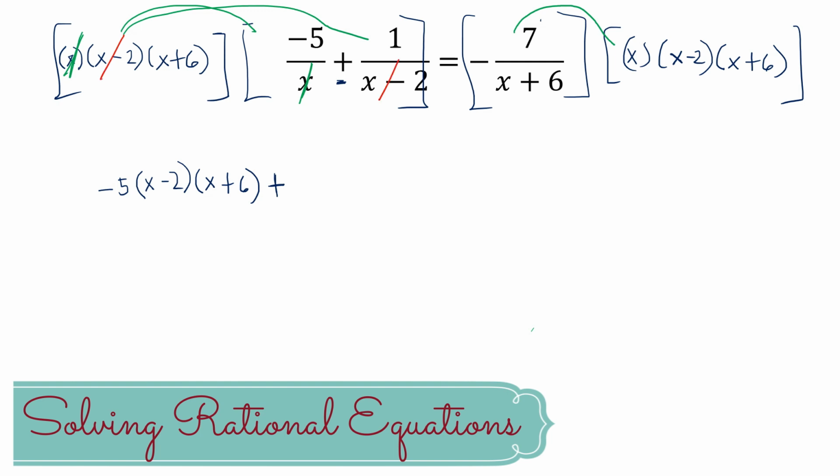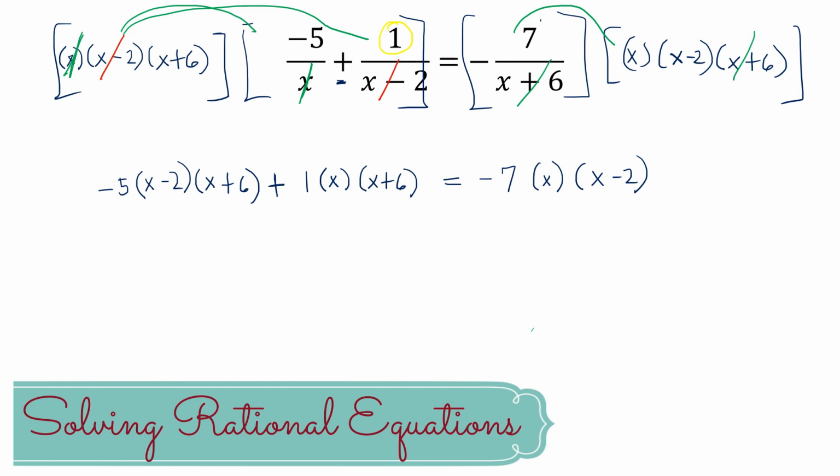So what's left is 1 times x plus 6. Okay, where did we get that 1? From here, from this one. Okay, so plus equals, how about for the right side? That is x plus 6 divided by x plus 6 is 1. So what's left is negative 7 times x minus 2.